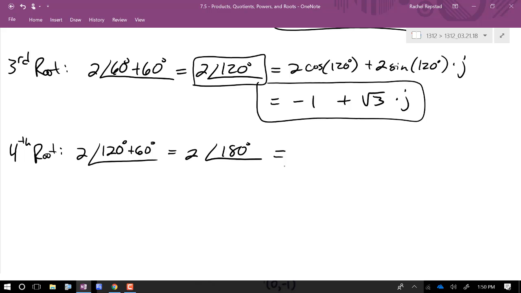Well, cosine of 180 is negative 1. What's the magnitude? Our magnitude is 2 in this problem. Our principal root had a magnitude of 2, and all of our subsequent roots inherit that. So this result is negative 2.